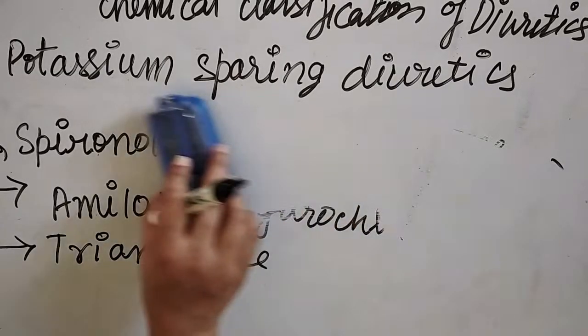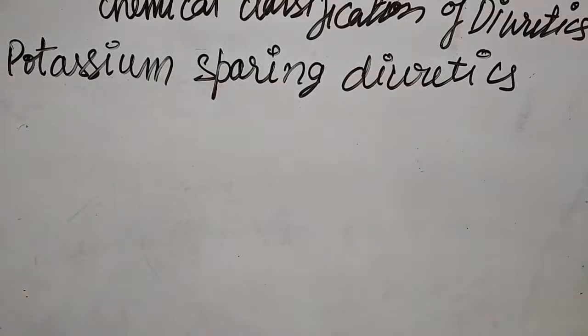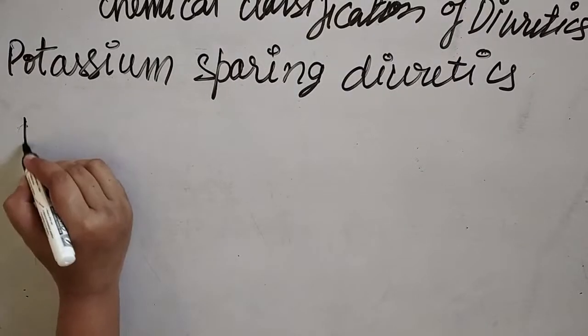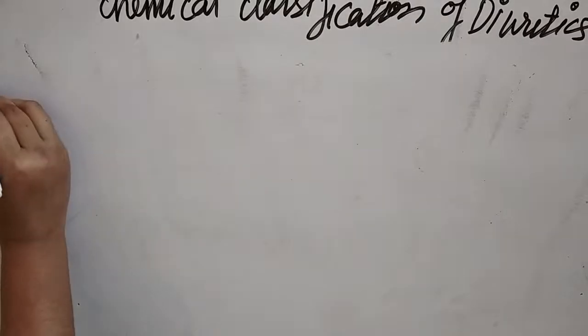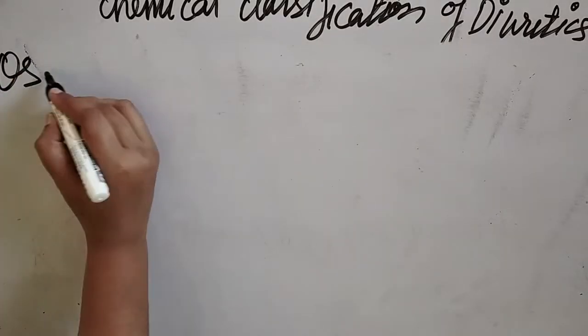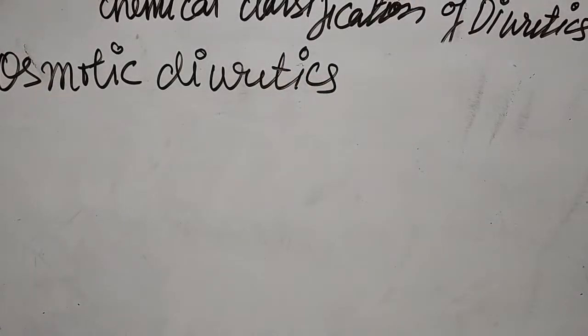Let's write the chemical structures for amiloride hydrochloride. So this is the structure of amiloride hydrochloride. Next category is osmotic diuretics. These diuretics maintain the osmotic pressure.